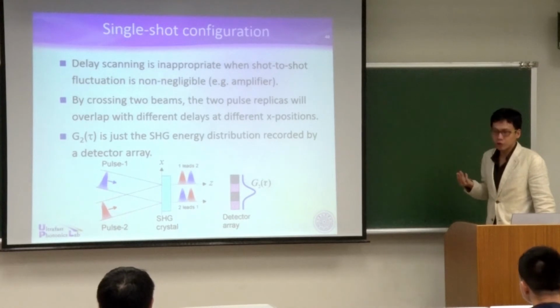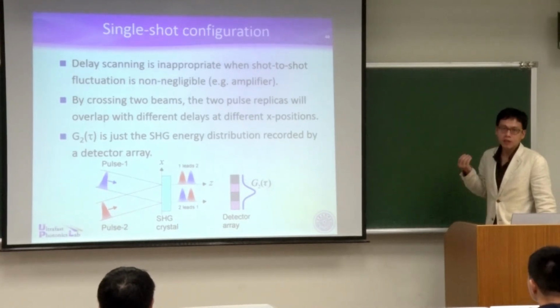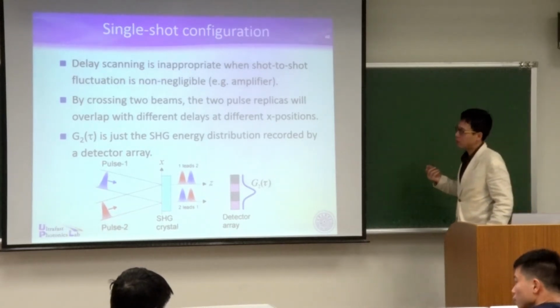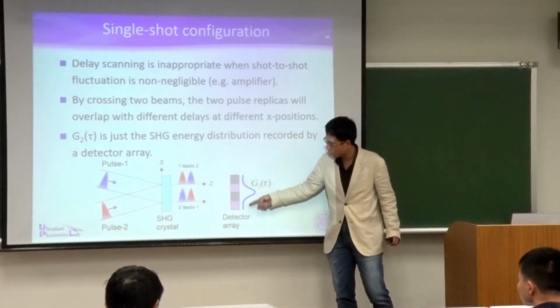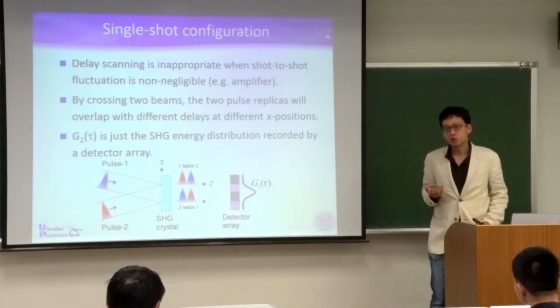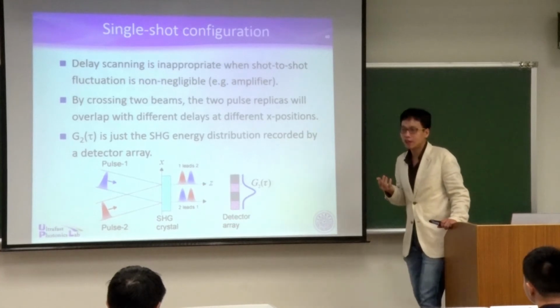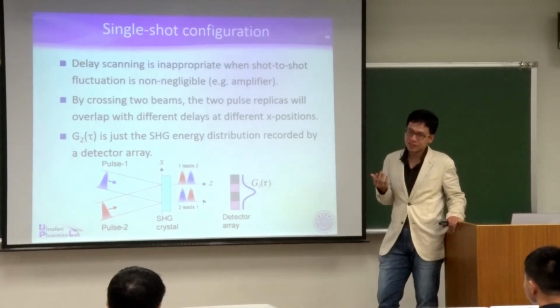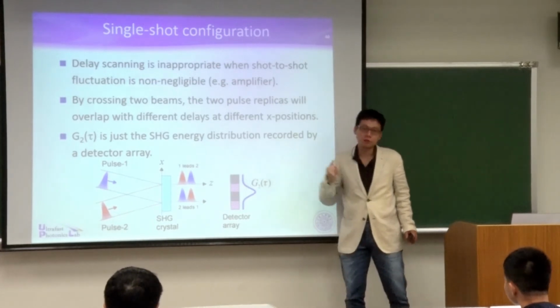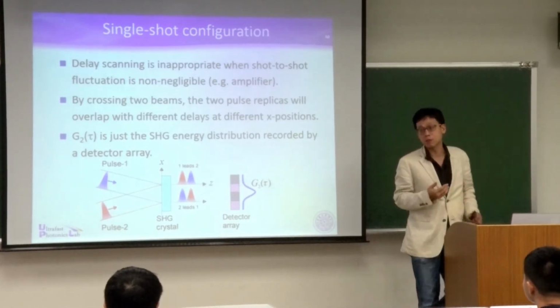Usually the window size is in conflict with the time resolution. Okay. If you have a very big window size and you have the same pixel size of the detector array, you may have a worse temporal resolution. In that case, some fine structure of your G2 function can no longer be measured.